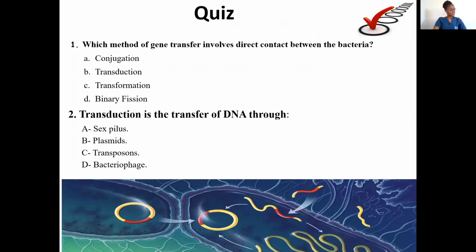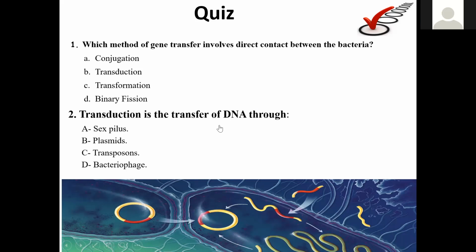So as we come to the end of the lecture, I have a few questions and I would like anyone to participate. So which method of gene transfer involves direct contact between the bacteria? That's the first question. Anyone from the class can answer?